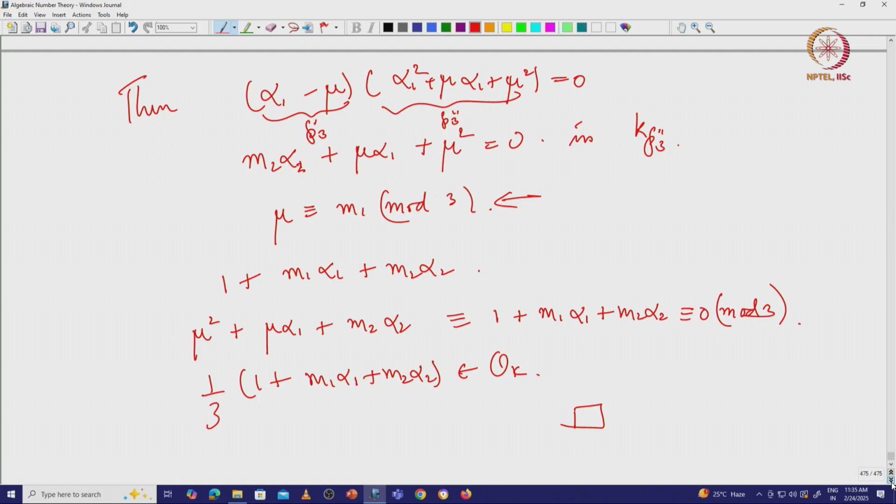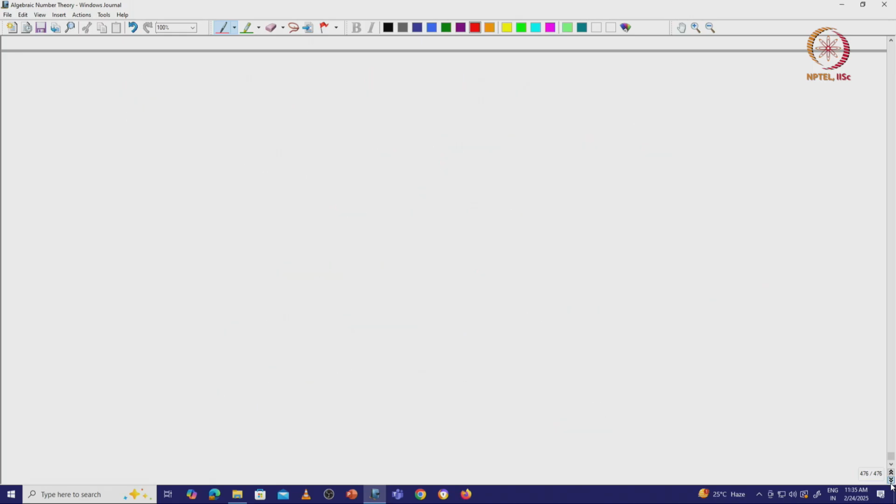So, if you take mod, the residue degree of P 3 prime is 1, and so you get that mu is congruent to m 1 mod 3, right. Okay. So, putting all these things together, we get that 1 by 3, 1 plus m 1 alpha 1 plus m 2 alpha 2 is in OK, which is what we wanted to prove.